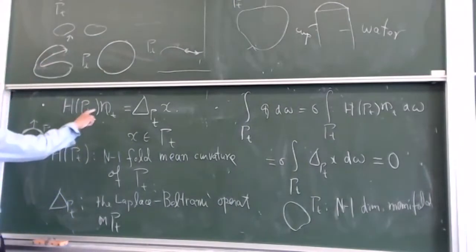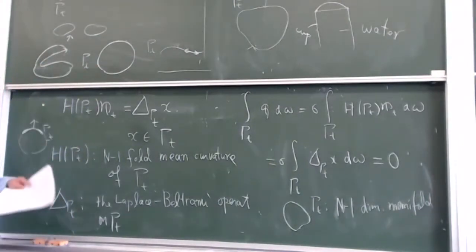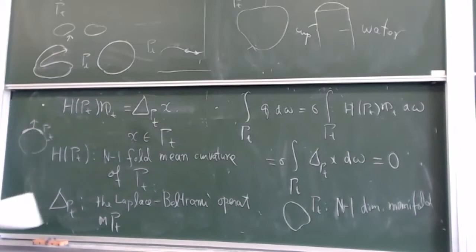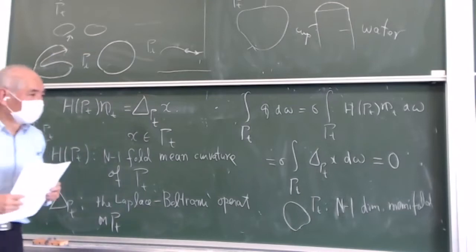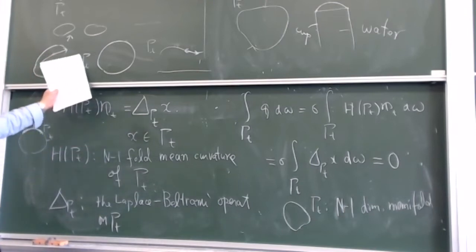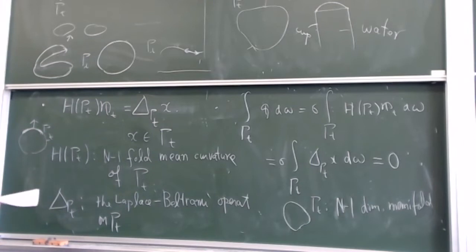So mathematically, my lecture only considers these shapes. In this case, the surface tension gives you the stability of the surface. But if you are very interested in more applications, then you can use some numerical analysis.